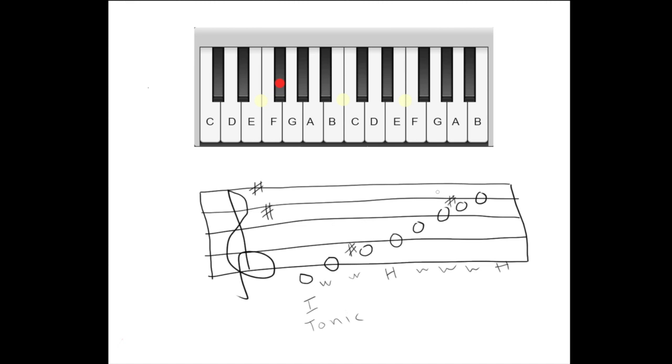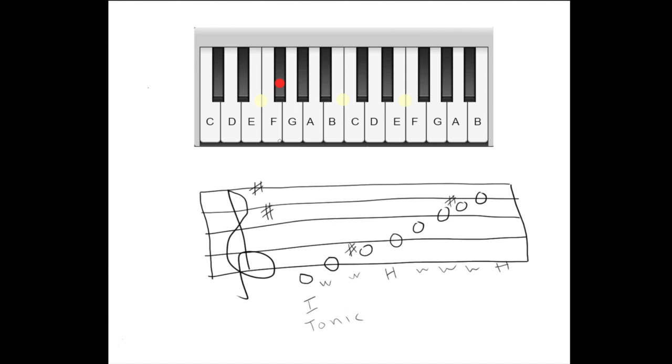And depending on where you start, you'll find out whether you have to have sharps or flats, because, as we already know, the only scale that doesn't need any sharps or flats is the one that starts on C. That's just C, D, E, F, G, A, B, C. No sharps, no flats, no need to. It works out right. Whole step, half step.